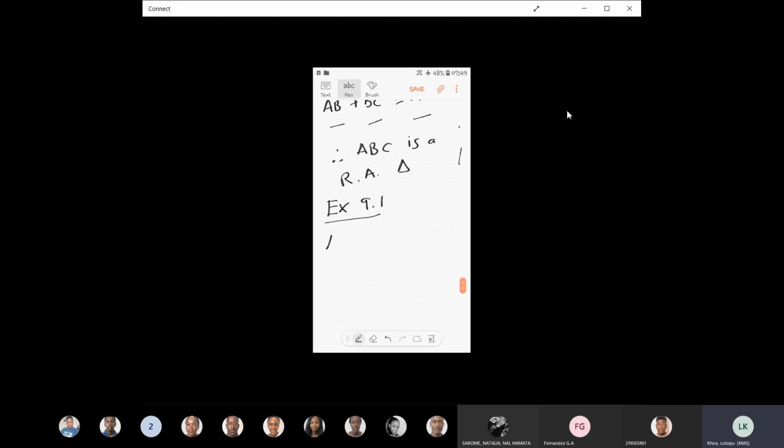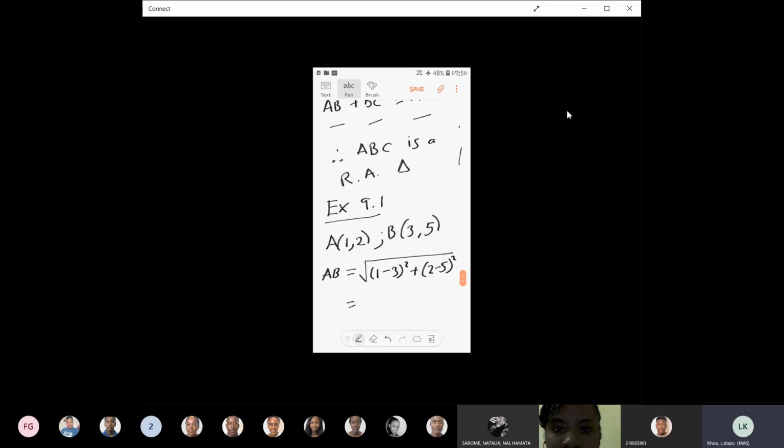So the first one, I have A is 1, 2. The second one, B, is 3, 5. So the distance AB, I'm just using the formula. This is the square root of 1 minus 3 squared plus 2 minus 5 squared. 1 minus 3 is minus 2.